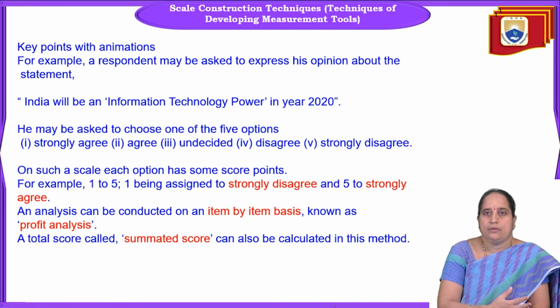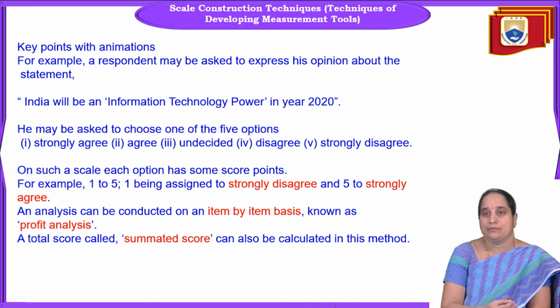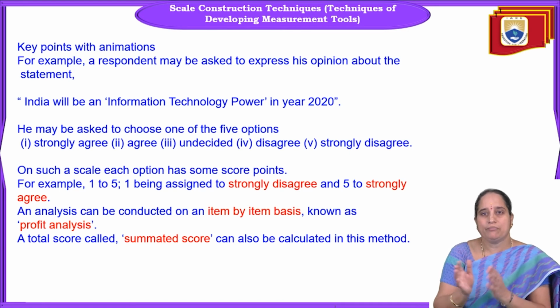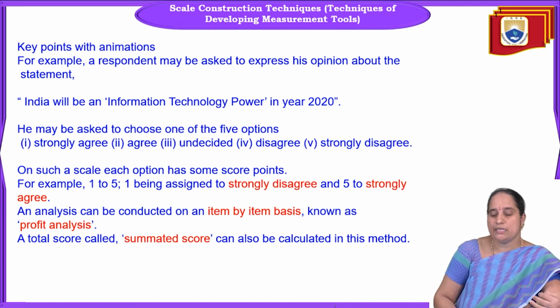For example, a respondent may be asked to express his opinion about the statement, India will be an information technology power in the year 2020. We have already passed 2020. So we have given 5 options: strongly agree, agree, undecided, disagree and strongly disagree. In that scale, each opinion gets some score points, for example 1 to 5, where 1 represents strongly disagree and 5 strongly agree.